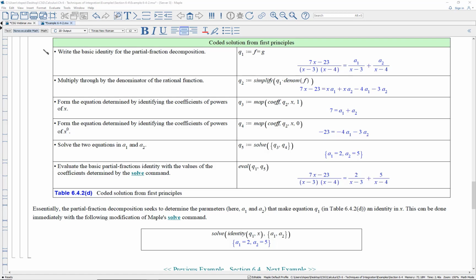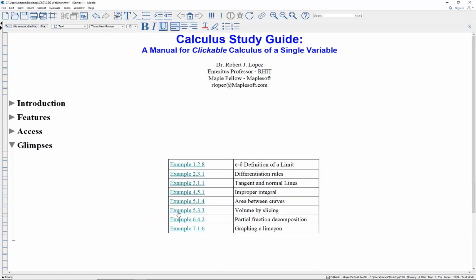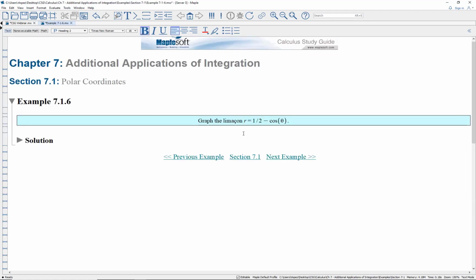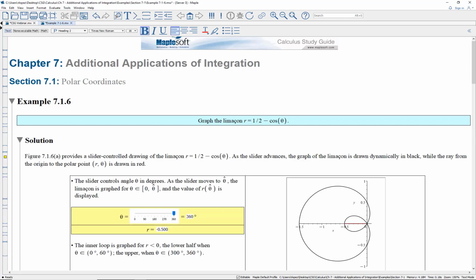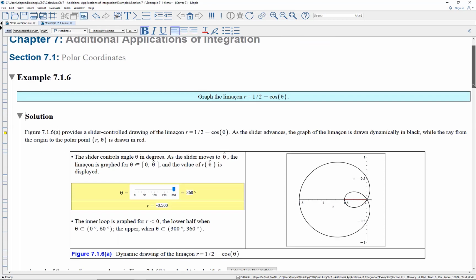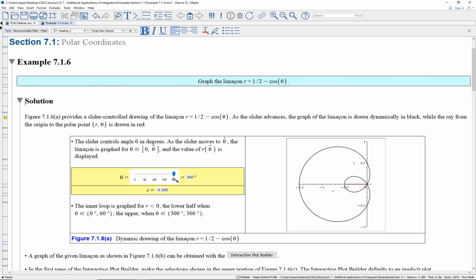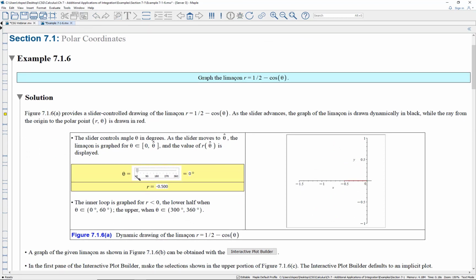A last example, I think we'll do something in polar coordinates, because integration in polar coordinates shows up in this section. So just graphing something in polar coordinates, graph the limaçon, 1/2 minus cos theta. Well, here's a little widget that might help a student figure out how to graph a limaçon.